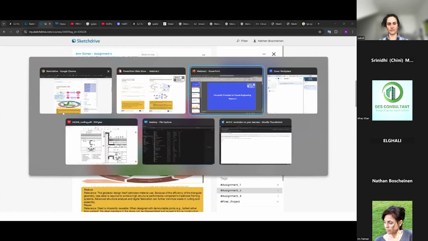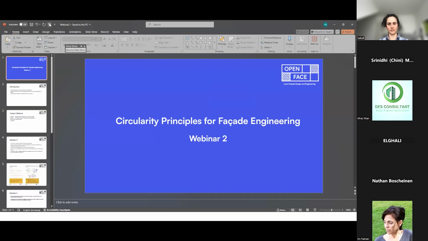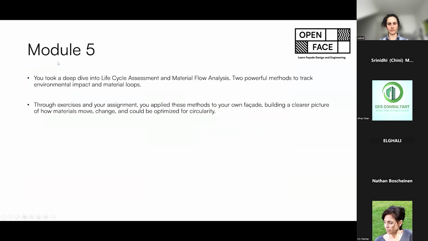Continuing on to the next module, which is the more technical module of life cycle assessment and material flow analysis. When we were doing this course, we were discussing how much involvement of the life cycle assessment we have in the course.